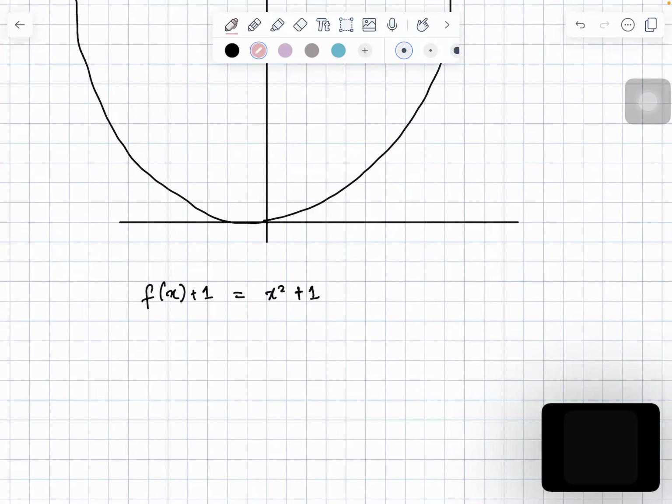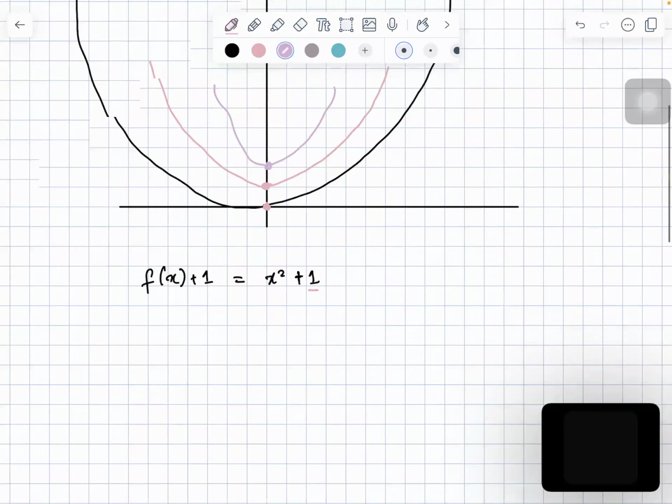Whenever this is the case, what you simply do is take the minimum point, which is at 0, and add whatever number is here. It's 1, so we make the minimum point 1. If it were 2, then we would have made the minimum point 2.